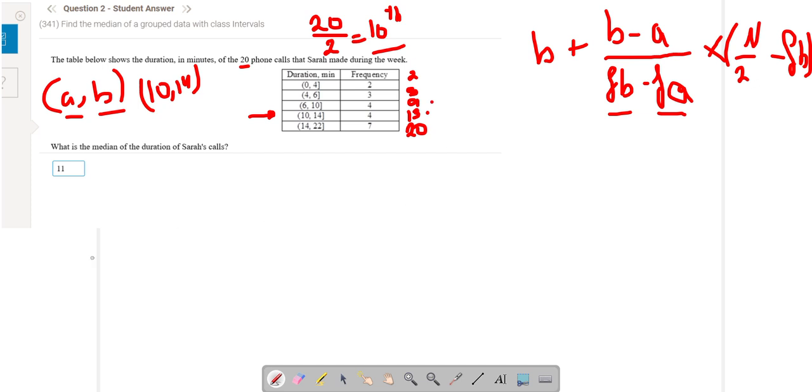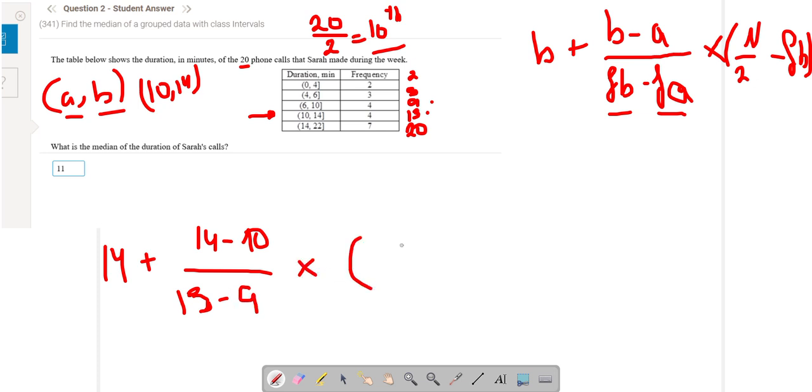So using the rule, we're going to get 14 plus 14 minus 10 over 13, the cumulative frequency of our median class, minus the one before it, 9, times, open brackets, always don't forget to open brackets, the total frequency, which is 20, over 2, minus fb, so it's going to be 13 as well. Plug that in your calculator, you will get 11, and that's your answer.